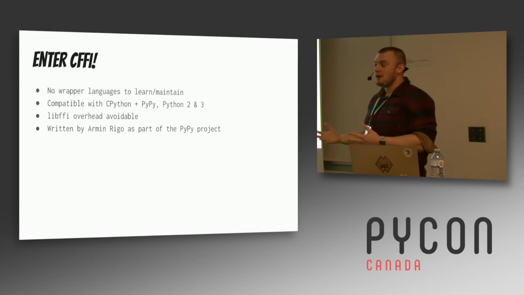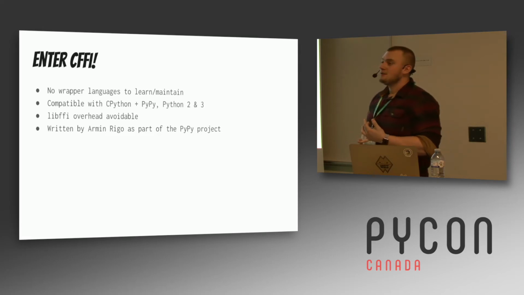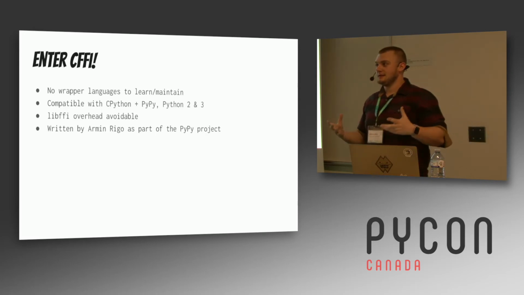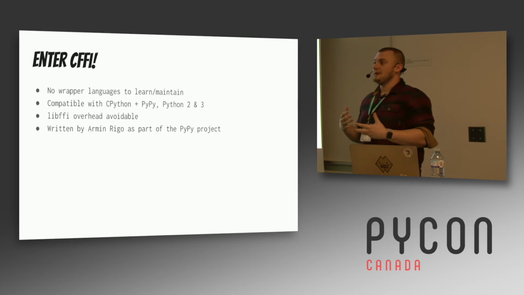CFFI is, I think, slightly more recent than all of these approaches. You don't have to learn or maintain a wrapper language. So basically, all you need is C headers, which is syntax that is pretty simple and familiar, and actually sometimes you can generate this from the source code.